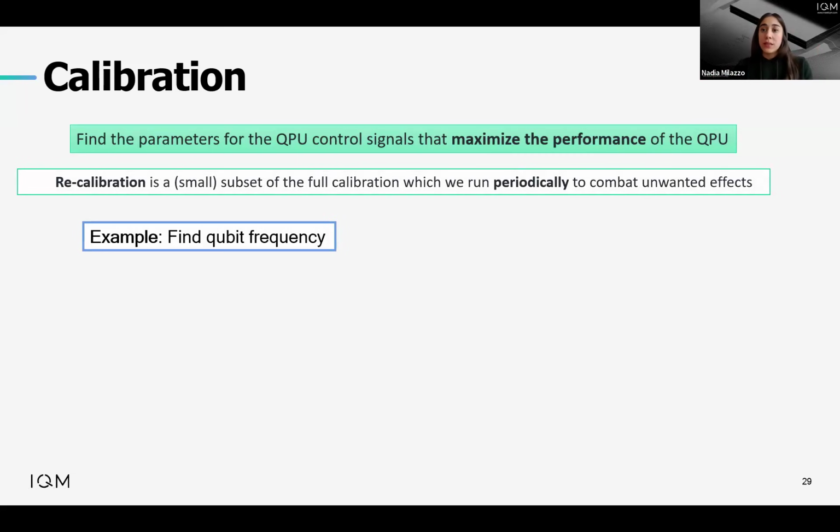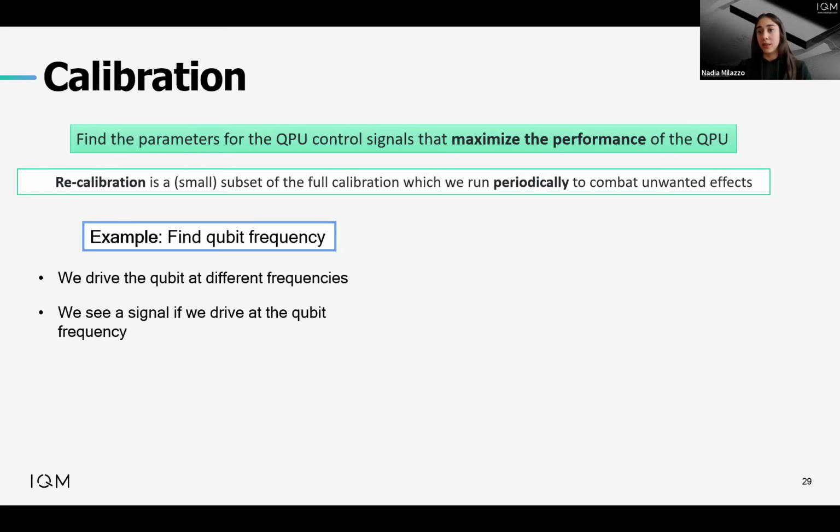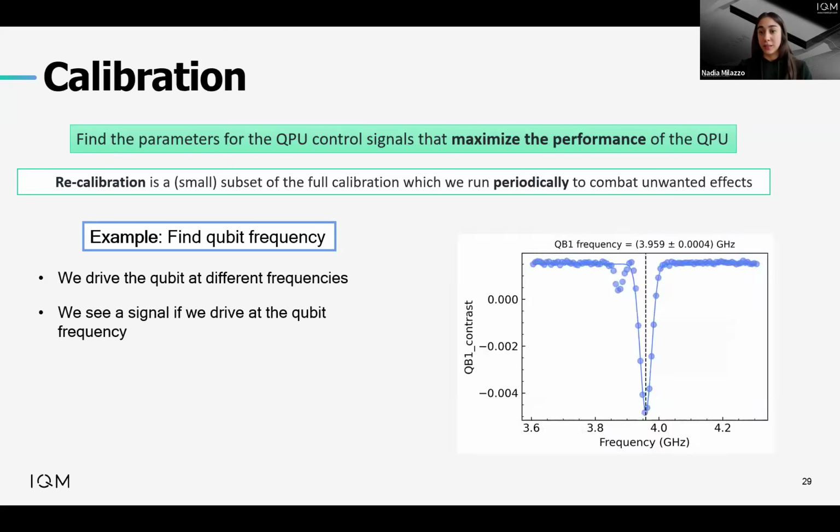An example of it is that you want to find the frequency of your qubit. Then you can drive the qubit at different frequencies, and you can stop when you see a signal in something like this. So here, the qubit frequency would be something around 3.9 gigahertz. So this is a typical recalibration experiment that you can do.